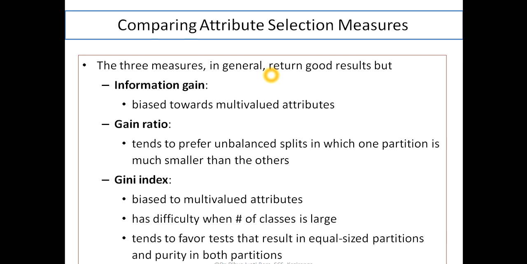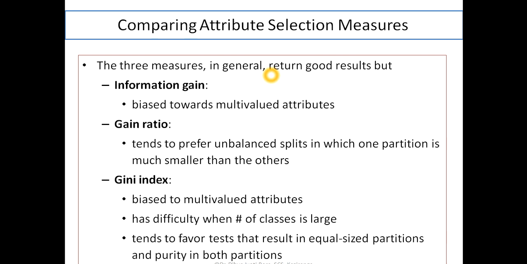Gain ratio tends to prefer unbalanced splits in which one partition is much smaller than the others. Gini index is again biased to multi-valued attributes and has difficulty when the number of classes is large, and tends to favor tests that result in equal size partitions and purity in both partitions. So these are some disadvantages.